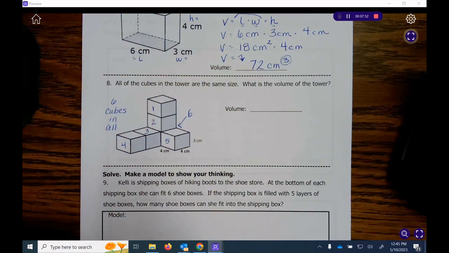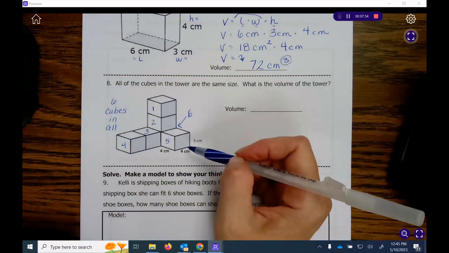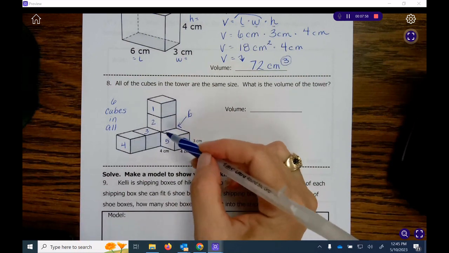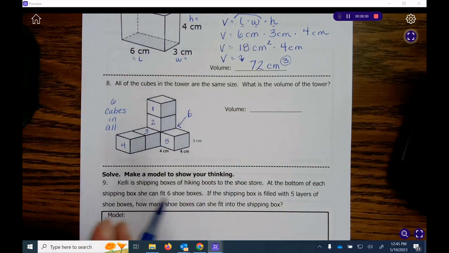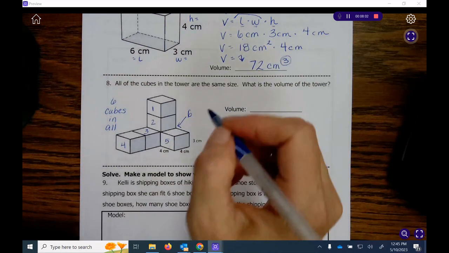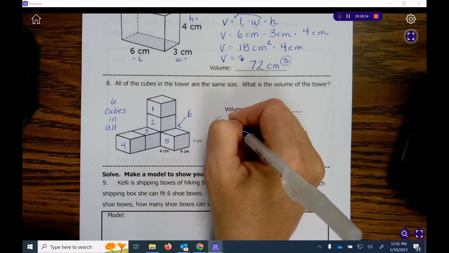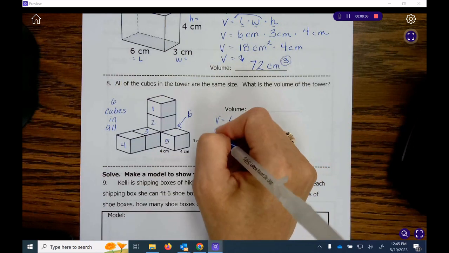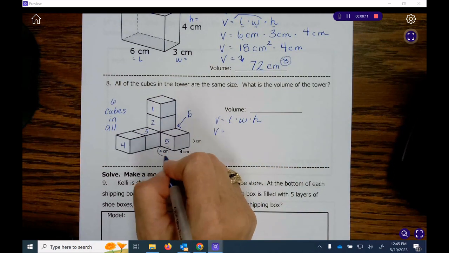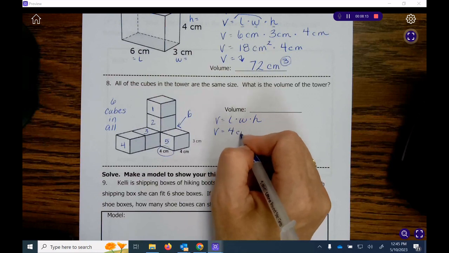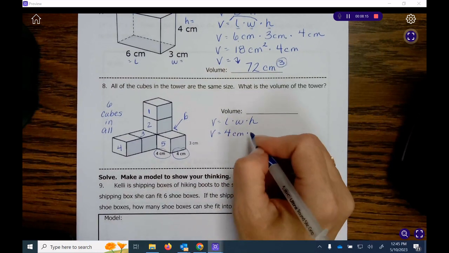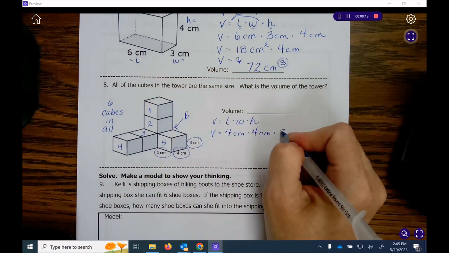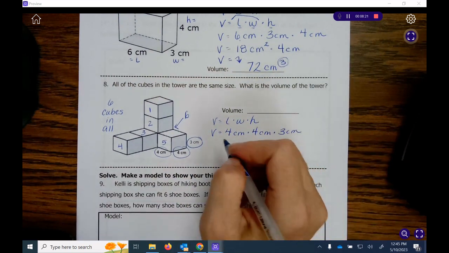We're going to find the measurement of the volume of 1 cube and then multiply it times 6 so that we can get the volume for the whole set of cubes. Now volume equals length times width times height. So volume is going to equal 4 centimeters times 4 centimeters times 3 centimeters.